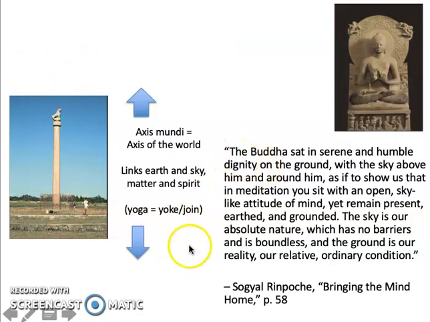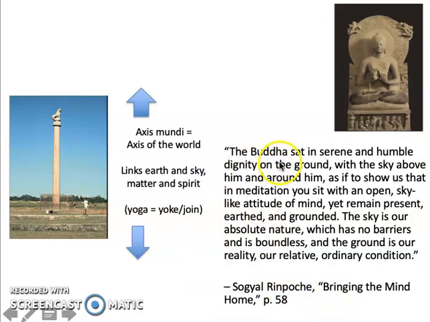And this is related to this idea expressed by the Tibetan Buddhist teacher Sogyal Rinpoche in his essay, Bringing the Mind Home, that's how he's explaining Buddhist meditation, as bringing the mind home. And listen to the words.